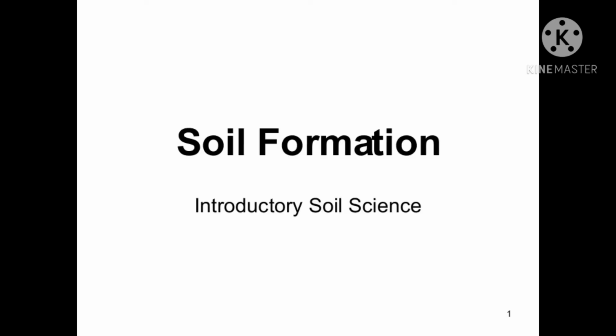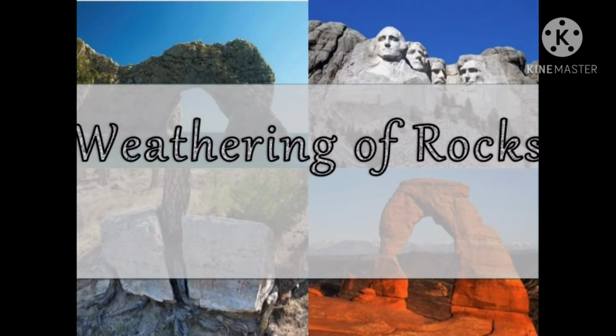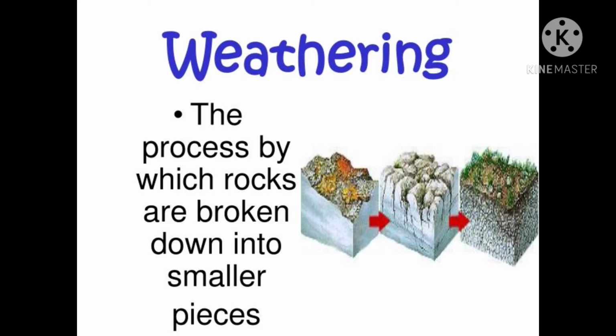Children, now let us know how does soil form. By the action of sun, wind and rain, the rocks break into smaller pieces and it is called weathering. Now let us learn the steps of soil formation.